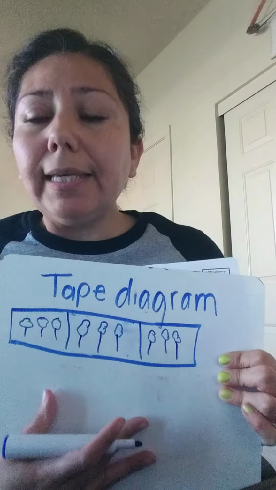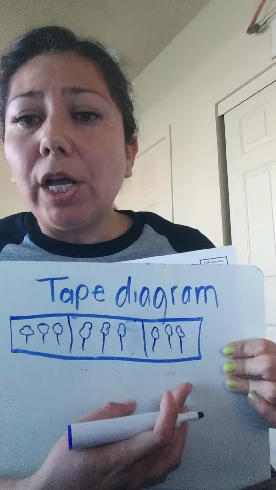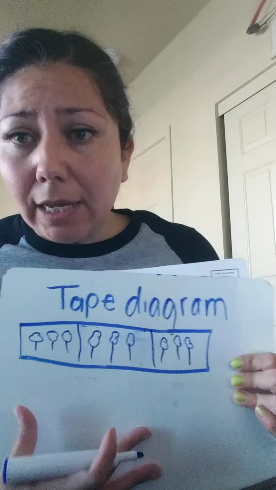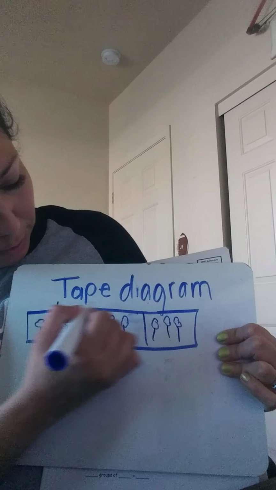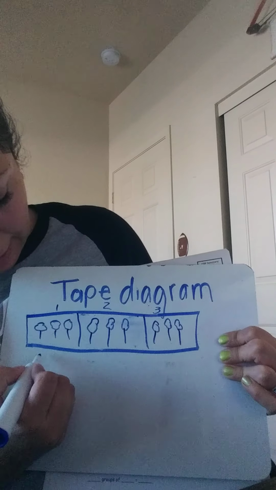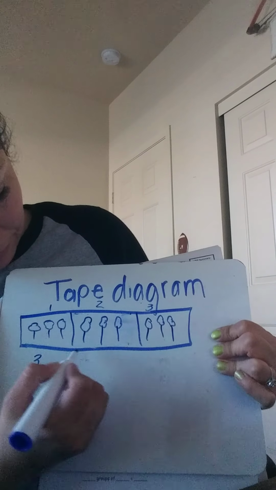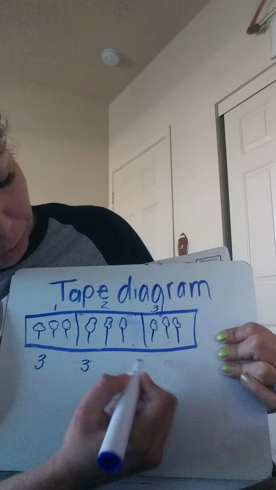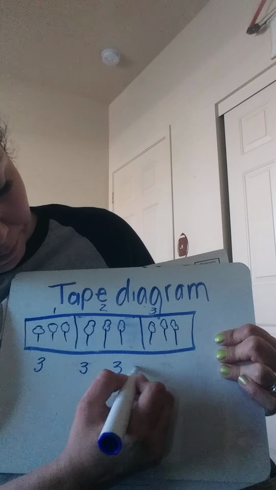So here I have 3 groups of 3s. So the way we're gonna write it down is 1, 2, 3. So in my group 1 I have 3. My group 2 I have 3. And my group 3 I have 3.